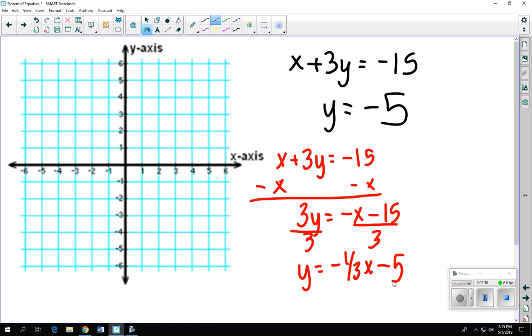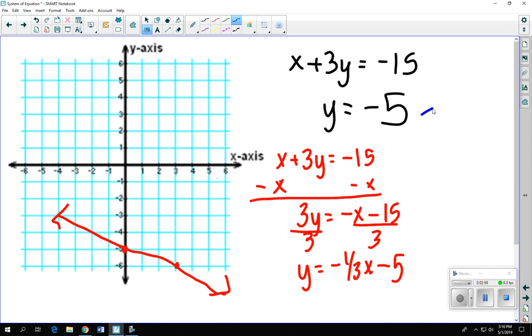I will graph this with the red marker. So I have my negative 5, down 1, run 3. And I will create my line. And the second equation, y equals negative 5, I will graph in the blue marker.